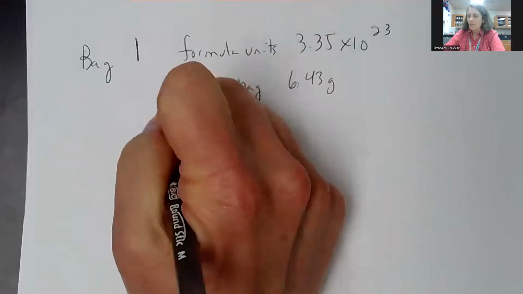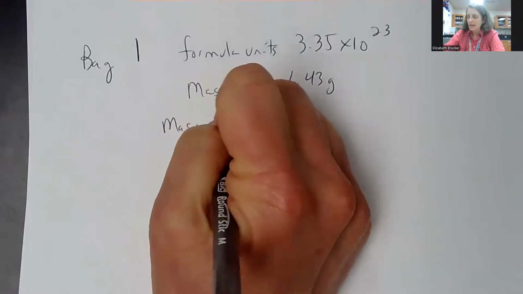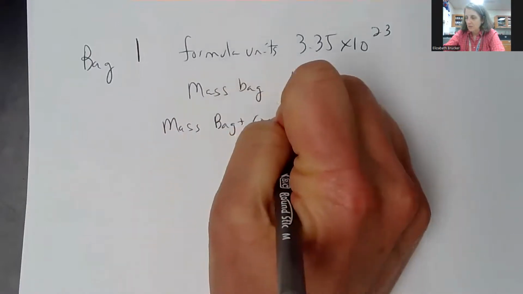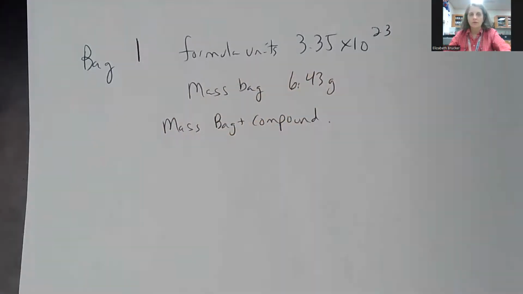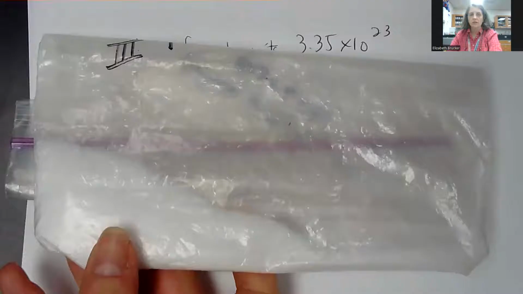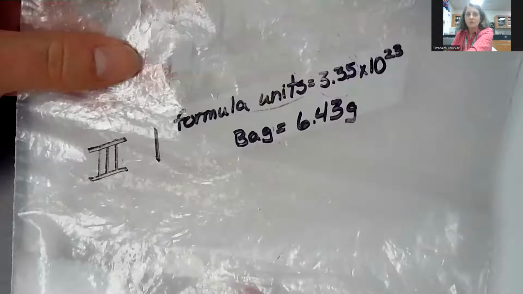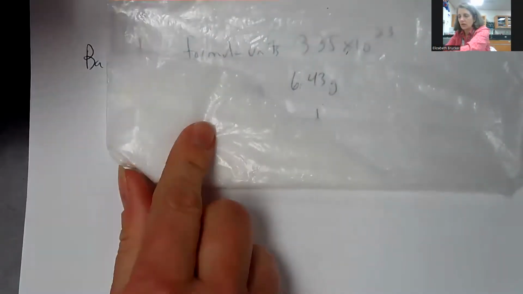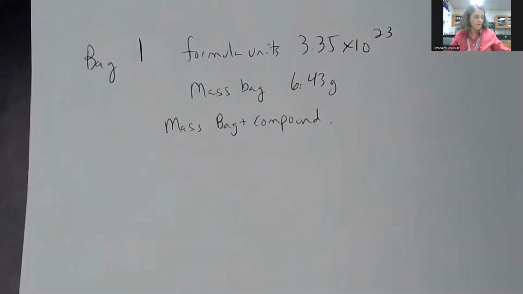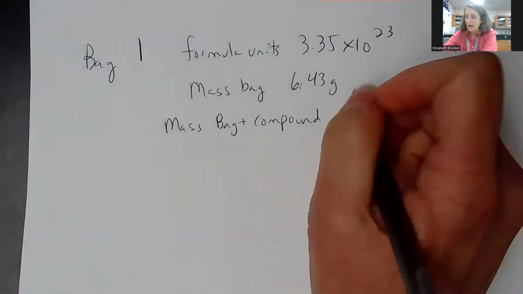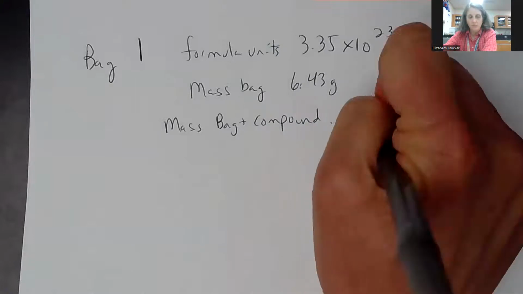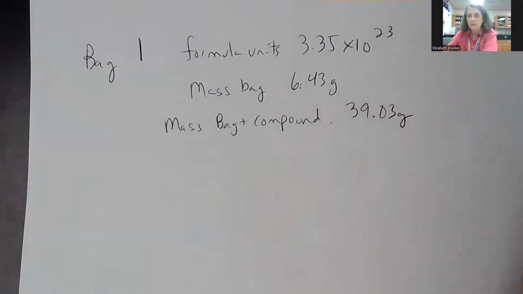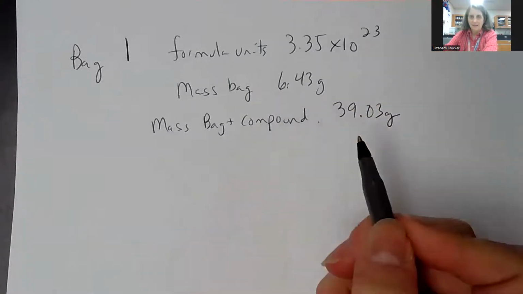So you're going to have the mass of the bag and the compound. What's different about this part versus the other parts that you have done previously is you're going to have to do all of the bags, and these are compounds that you have in there, and you're going to try to figure out which compound you have. So if I took the mass of it, it is 39.03 grams of the bag and the compound.